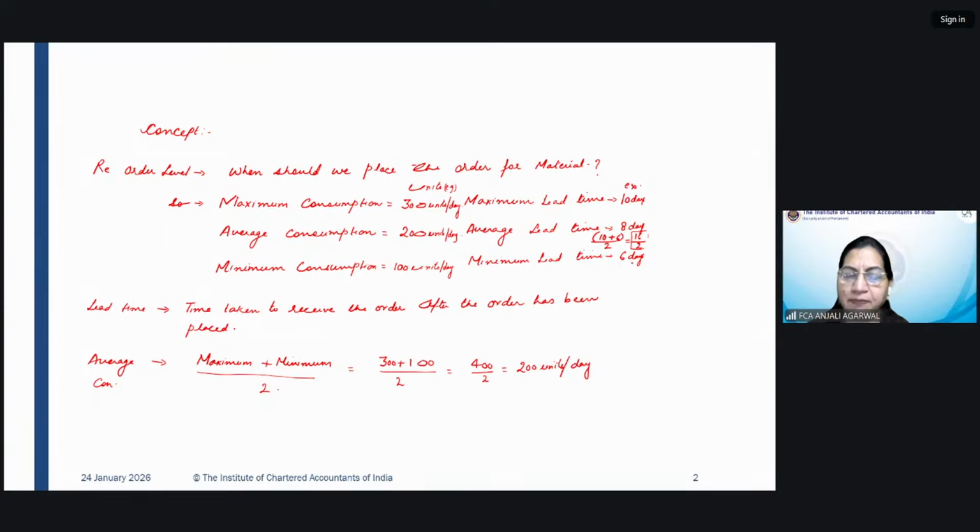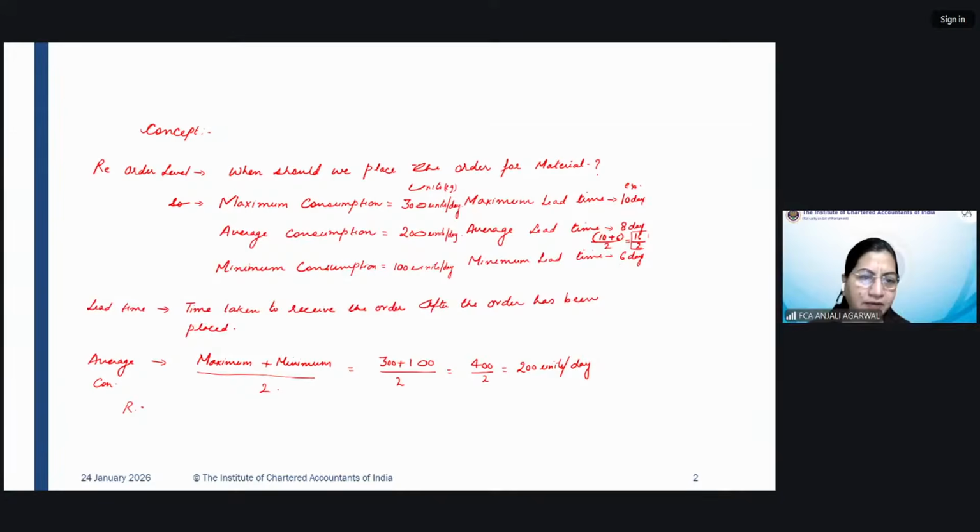These are examples. On the basis of this information, you will have to calculate the reorder level. We'll also see the maximum level, the minimum level, and the average level.